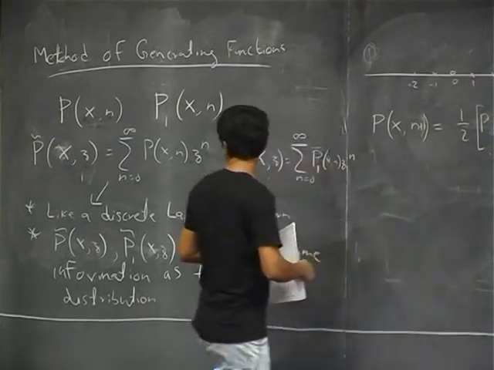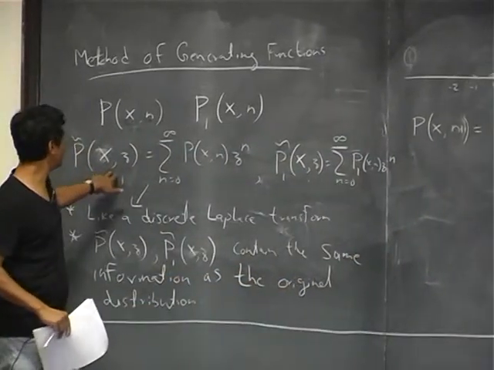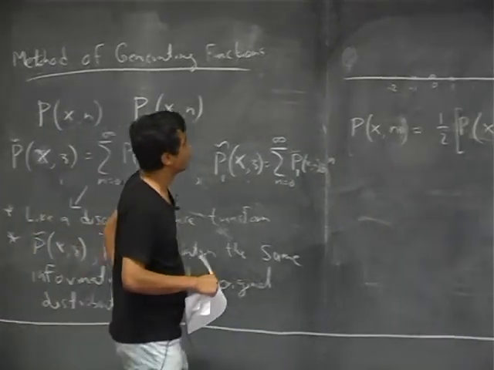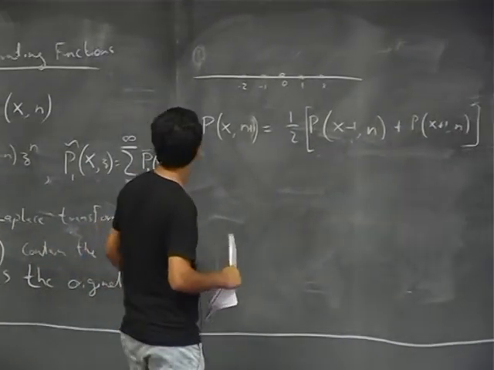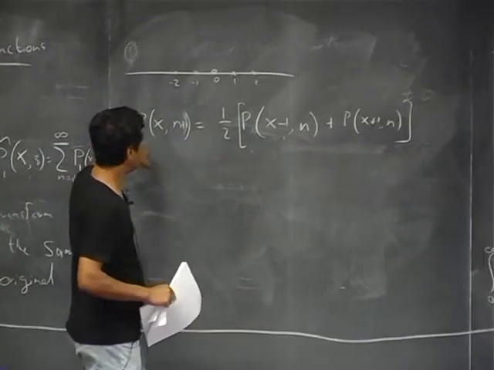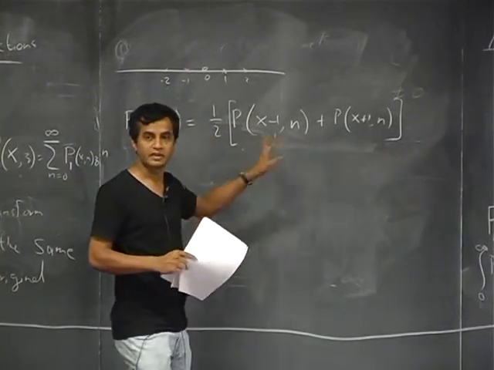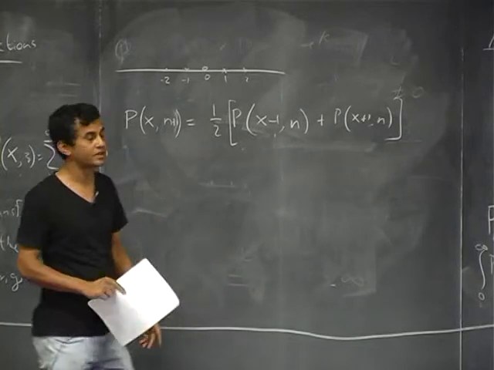Okay, so basically we want to compute this function p tilde of x, z. So let's try to do this by solving this equation. How do you solve this equation?